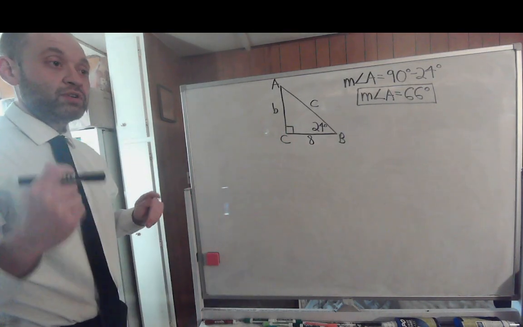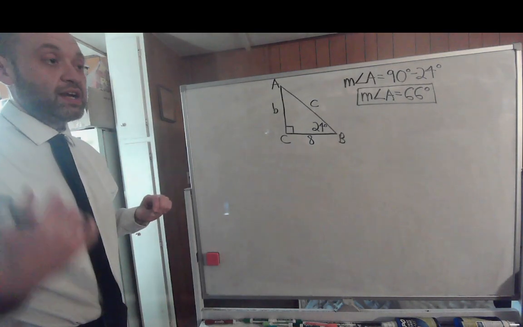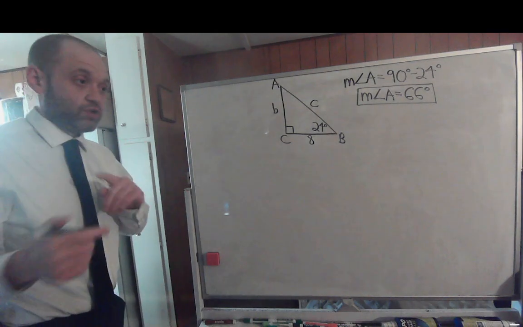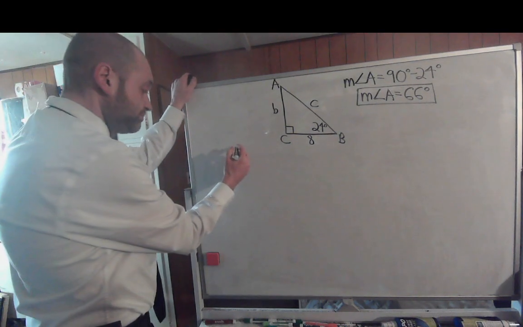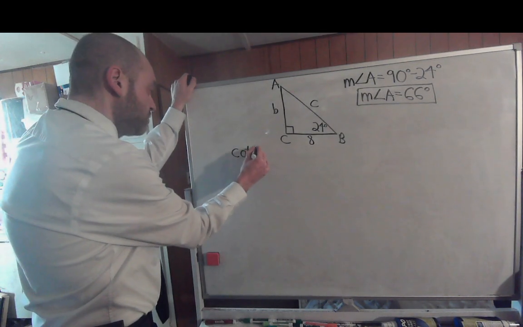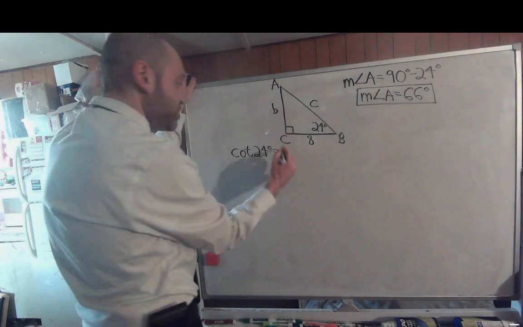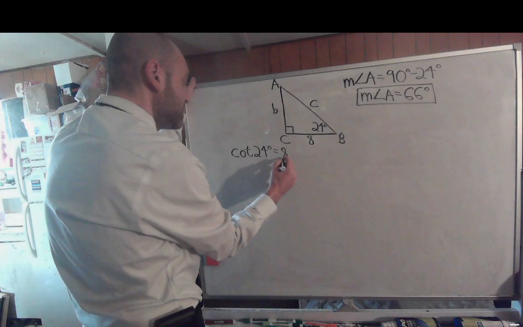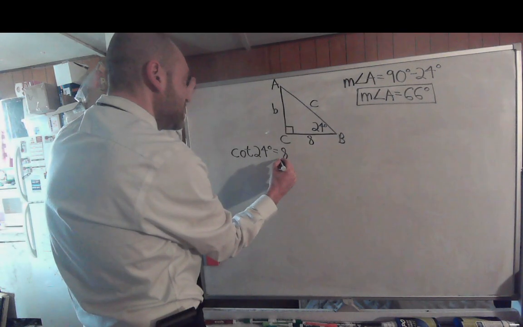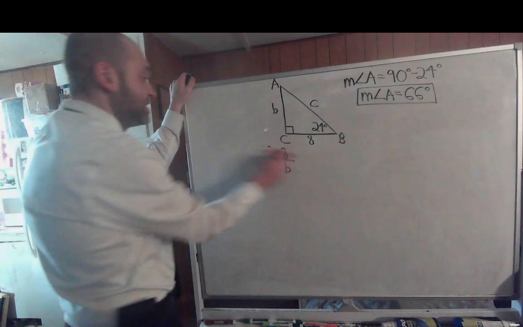Is there a relationship between adjacent and opposite side? There sure is. There's the cotangent, right? If we take the cotangent of 24 degrees, that's going to equal your adjacent side of 8 all over B. Or it actually might just be easier to use tangent.